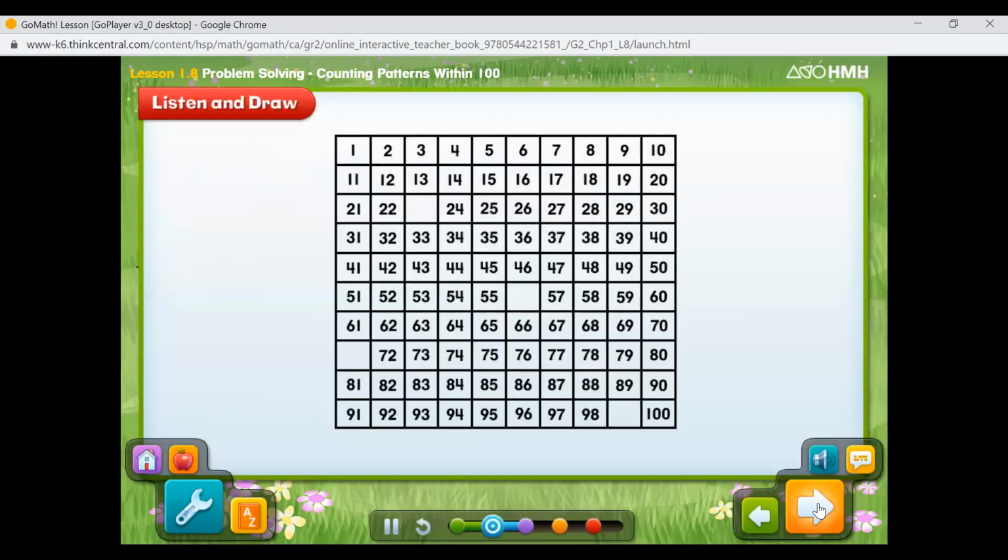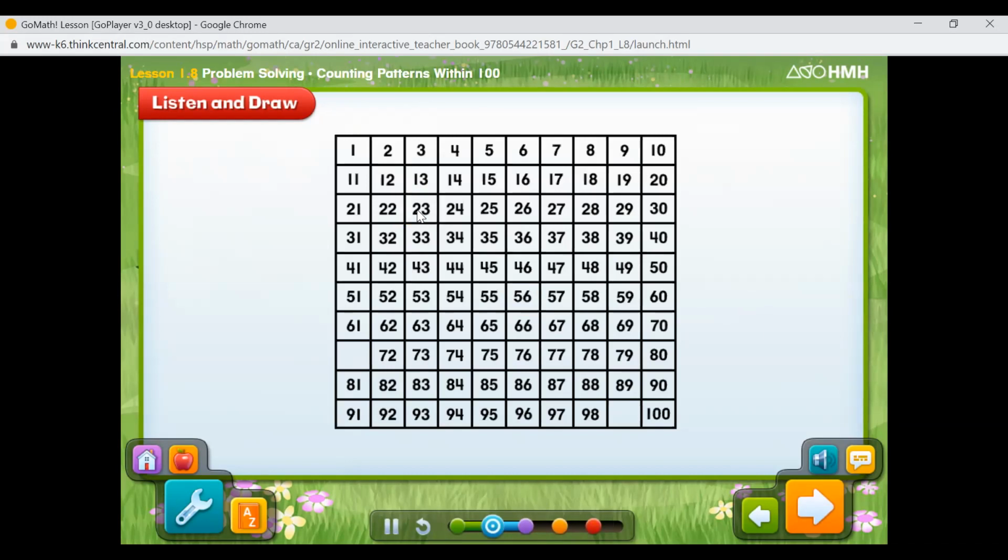This counting chart has some missing numbers. Where should the number 56 be? Select the space. 56 is just after 55. Now select where 23 belongs in the chart. As you count by ones, 23 is just after 22.